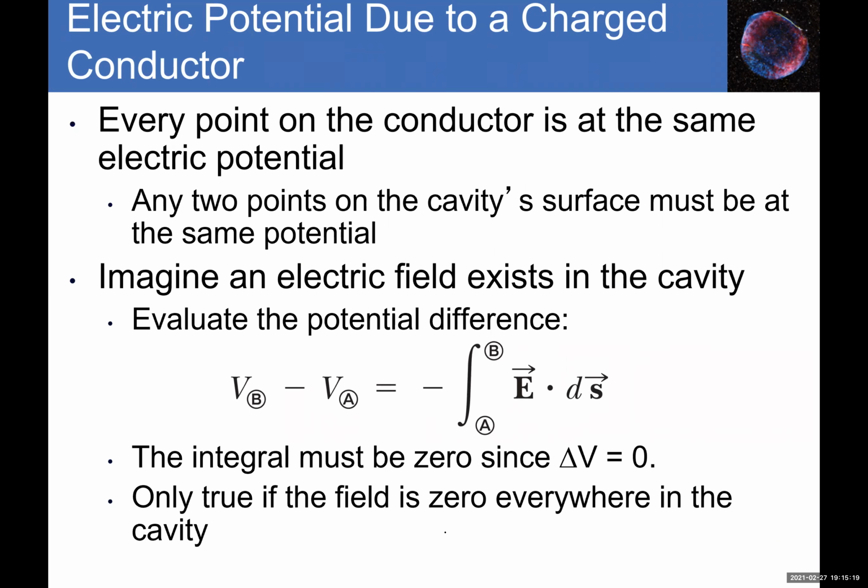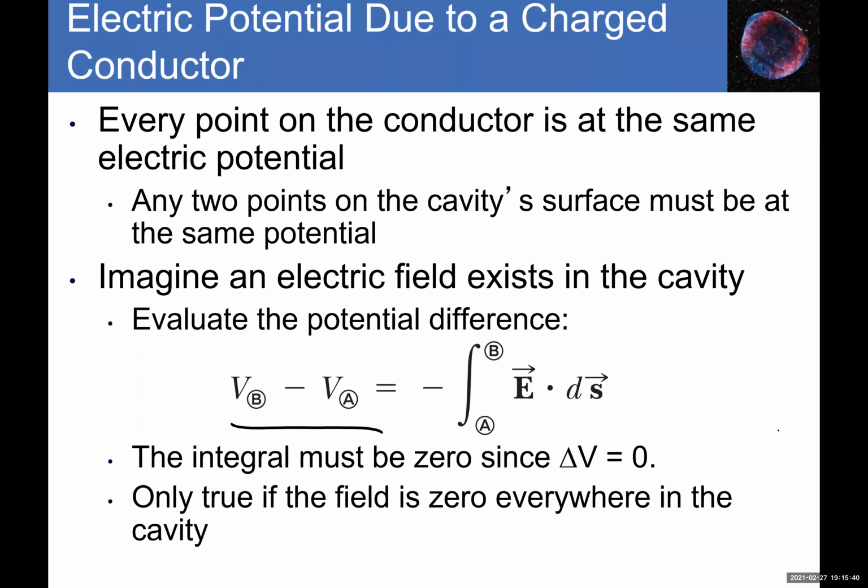Okay. Every point on the conductor is at the same electric potential. Any two points on the cavity's surface must be at the same potential. So imagine an electric field exists in the cavity. Evaluate the potential difference: VB minus VA equals negative integral between A and B of E dot ds.